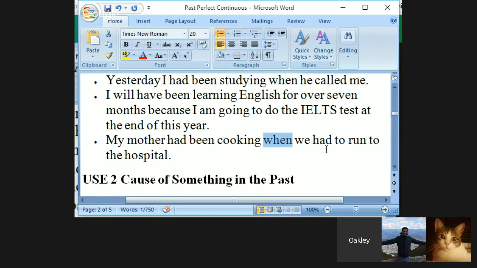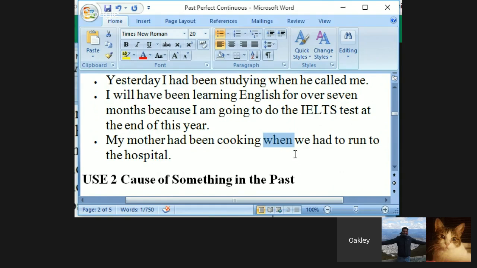Interrupting action is super common in English. Generally, it's going to use the connectives when or while. When with the interrupting action or the sudden action, and while with an action of duration.